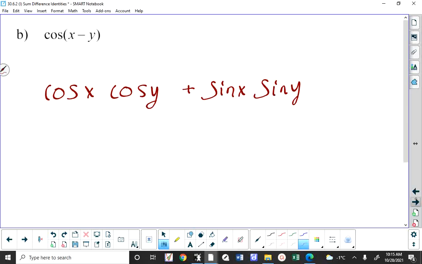Cosine of angle x is x over r, which is 5 over 13 for angle x, correct? Cosine of angle y, well, that's x over r as well, but I have to look at the second angle, and I believe it's negative 3 over 5.